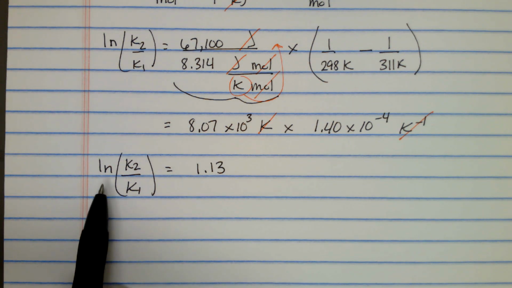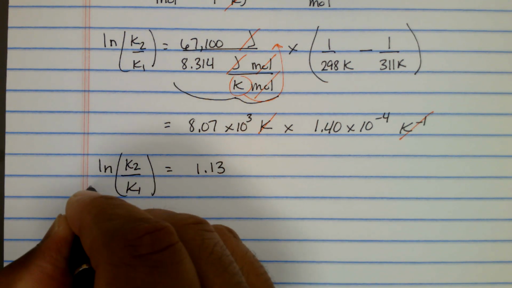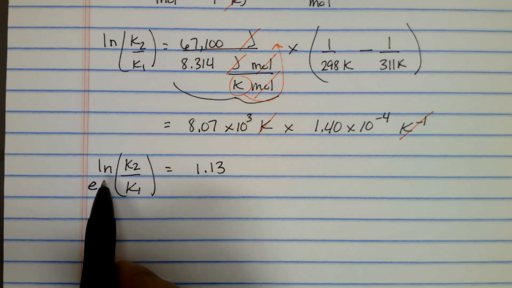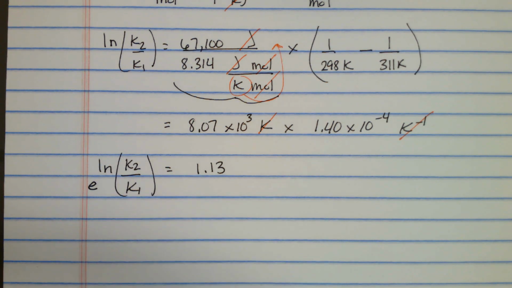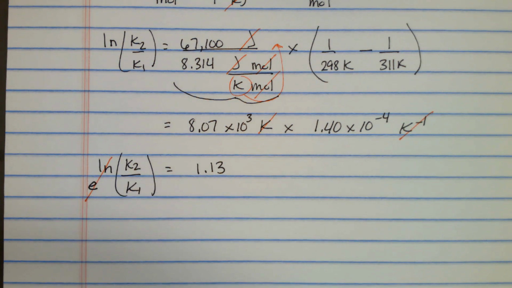Now, this is a natural log, and so for students that haven't seen this yet in general chemistry, we have to get out of this natural log. And so the way to do that by rule here is just put an e down here. And so this is e raised to the whole thing. So e raised to the natural log is just 1. So that cancels.